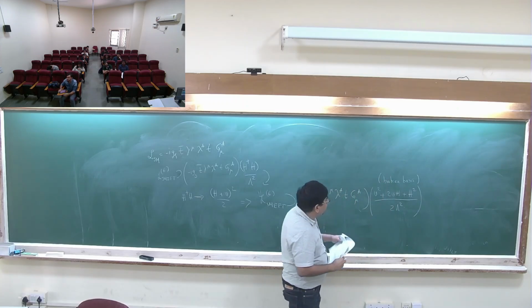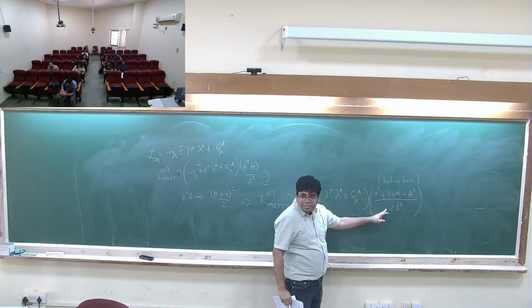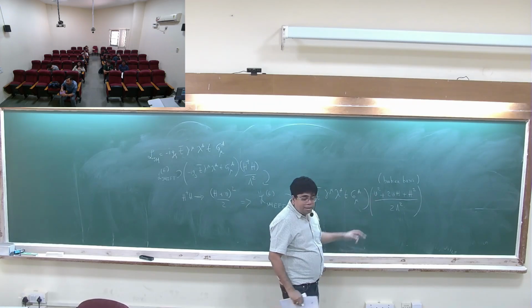But then there is a correction to the dimension 4 term, which is v square by lambda.